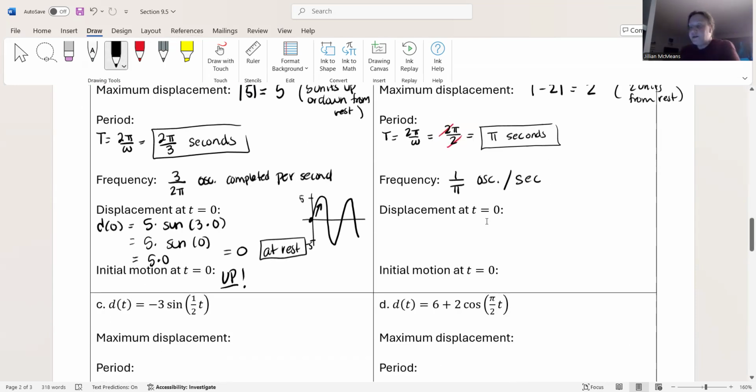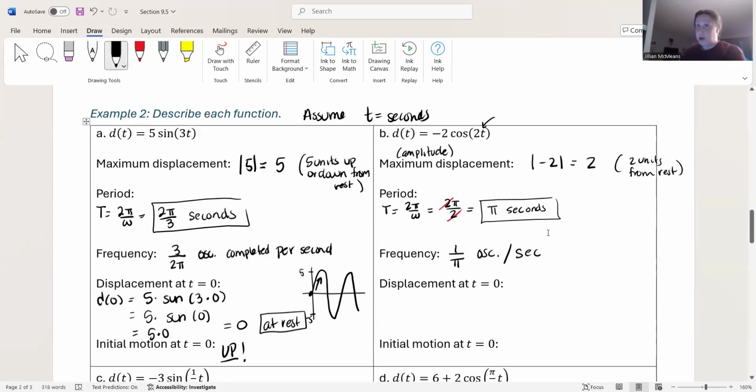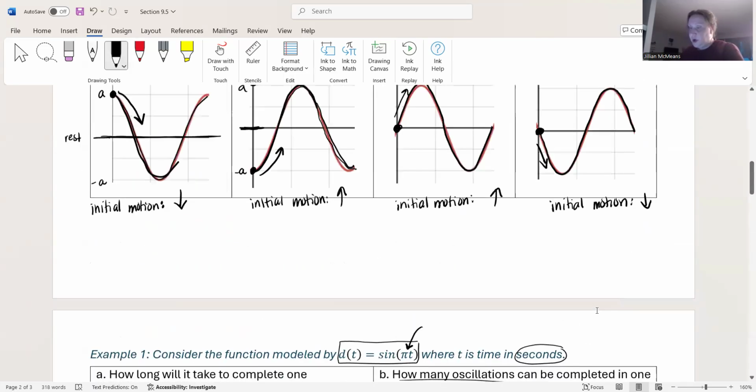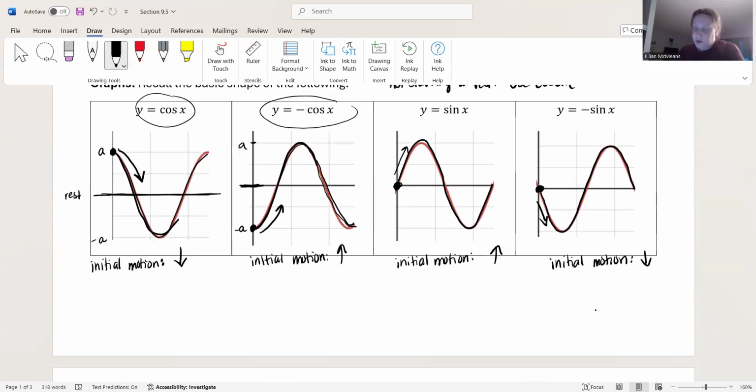Okay, so then displacement is, okay, how far from rest are we when t is equal to 0? Okay, so the rest point is like that central position. If our function is -2 cosine of 2t, how far away from rest are we right when the time starts? Okay, so you can think about it. If we look at our graphs right here, we're dealing with a situation like this.